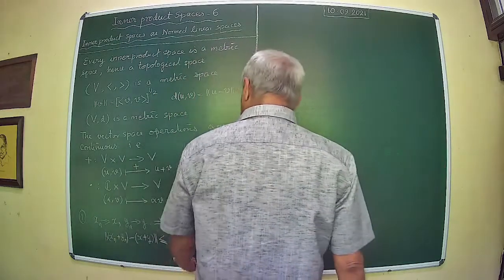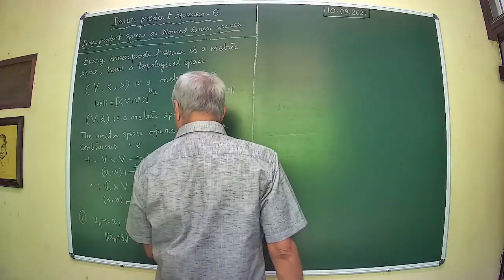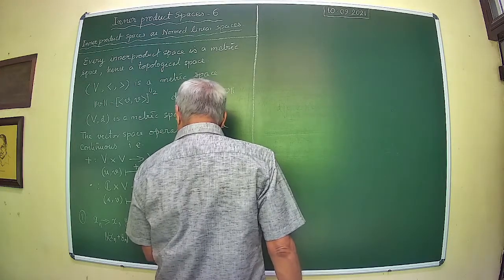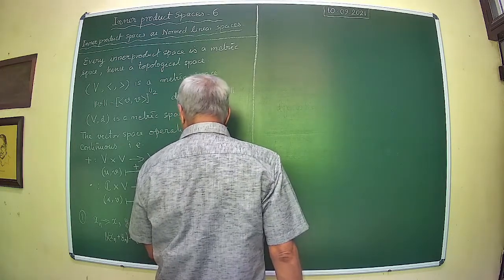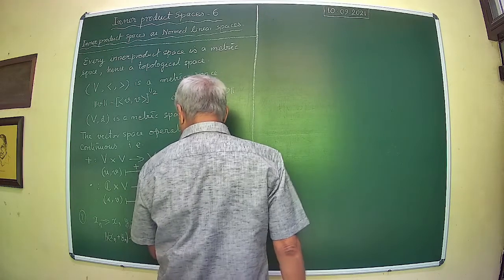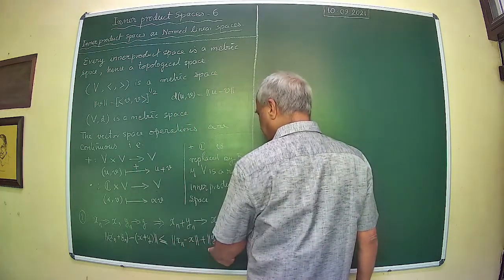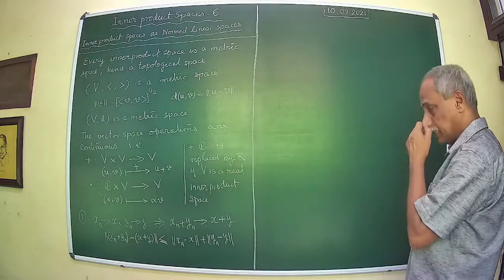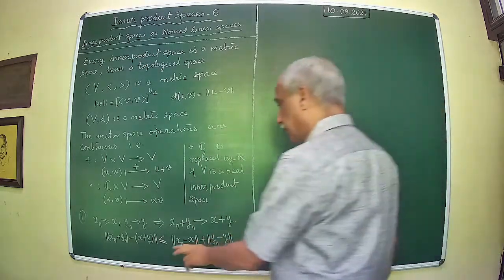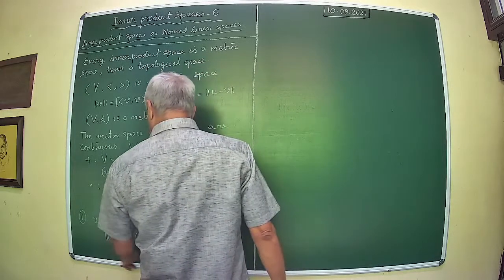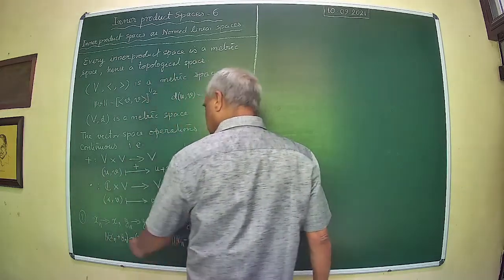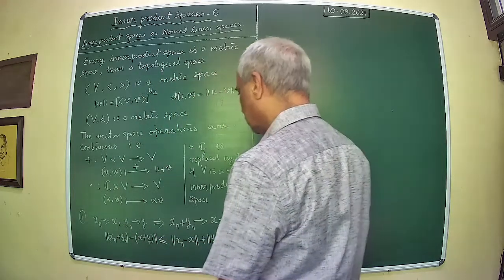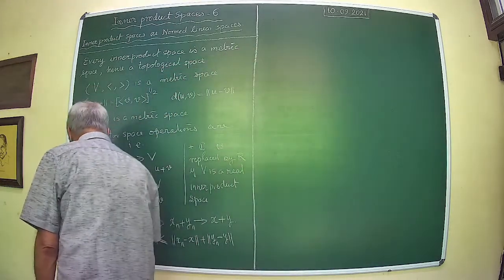Therefore, given any epsilon positive, you can choose n sufficiently large such that the norm of xn minus x and the norm of yn minus y are each less than epsilon by 2. Therefore this can be made less than epsilon by choosing n sufficiently large. So, continuity follows.